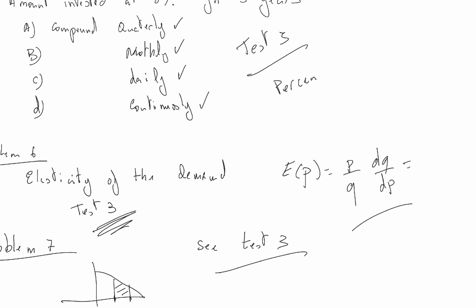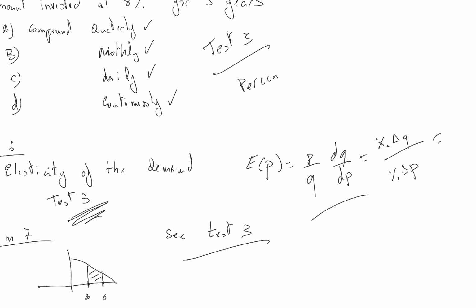The elasticity tells you the percentage of the change in the quantity divided by the percentage of the change in the price. So if you change the price by 5% and the elasticity is 2, what is the change in the quantity? If the elasticity is 2, 2 times the 5% will be 10%.